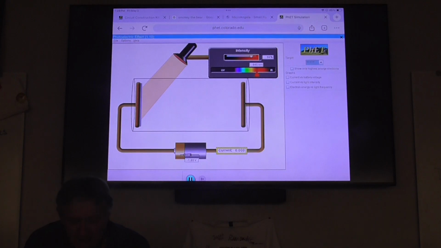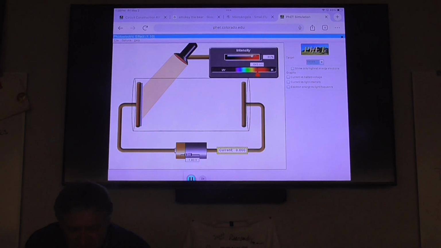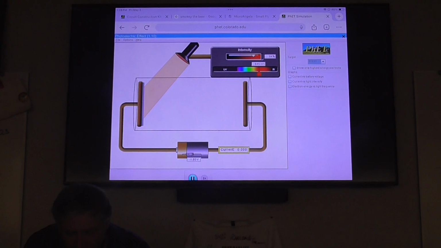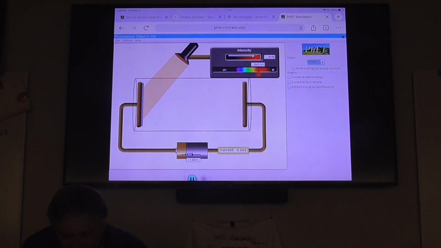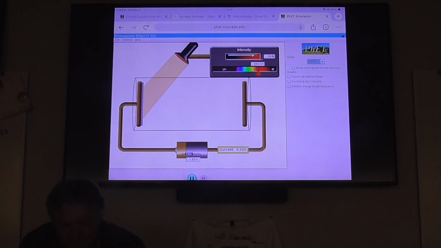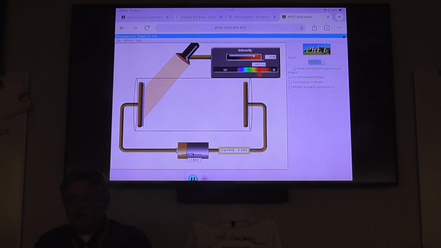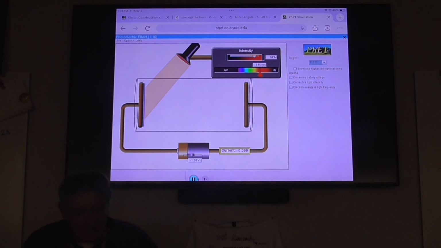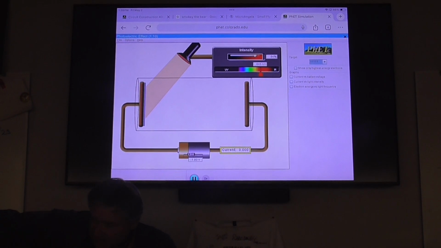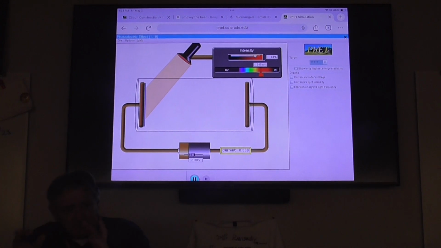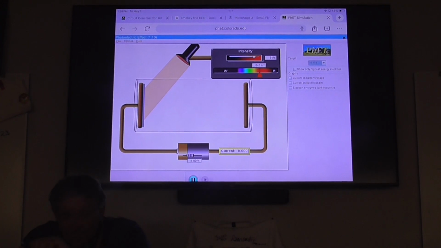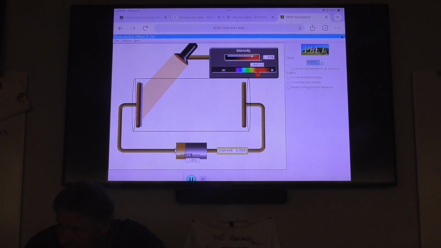So Conrad had asked, calculate the stopping potential based upon a work function of 2.304 and a 419 nanometer wavelength of light. So remember, stopping potential, usually measured in electron volts, is how much energy it takes. Once that electron gets kicked off, how much energy does it take to stop it and make it go in the opposite direction?